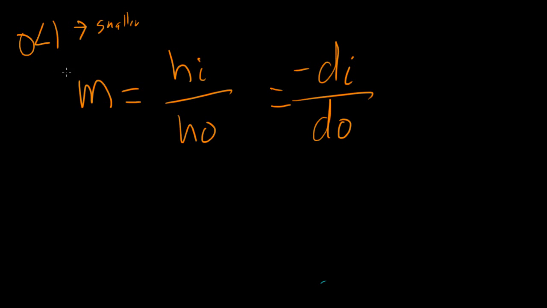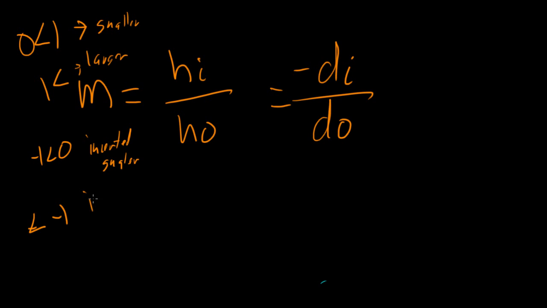A magnification greater than 1 is going to be larger. A magnification between -1 and 0 will be inverted, smaller. And a magnification less than -1 will be inverted, larger. Okay, so that's easy. When you get a negative height of the image, that just means it's inverted.